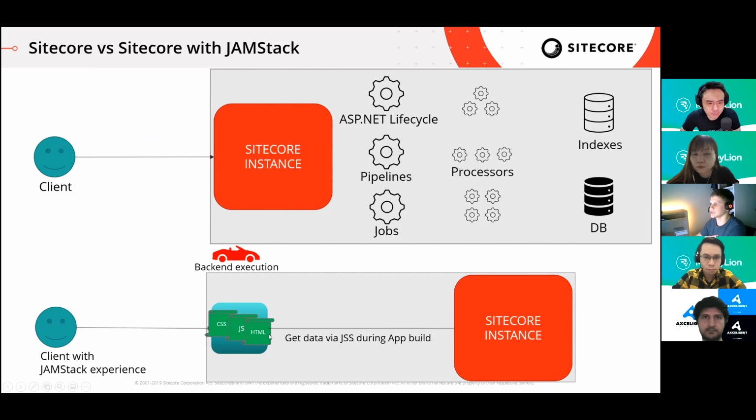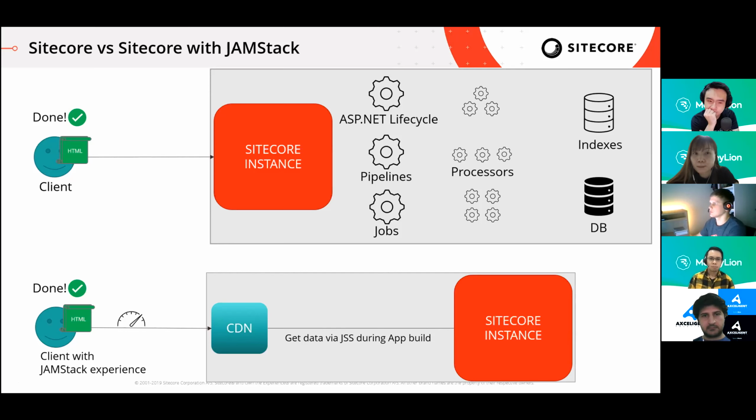But the thing is that the CDN already has all of the cached assets. And the difference between the common approach and Jamstack is that Jamstack increases speed around 10 times to the first byte. So now we can see that it increased the speed because we just get static files.